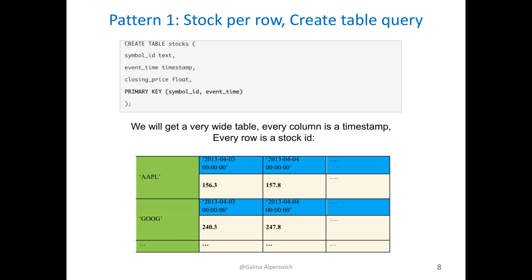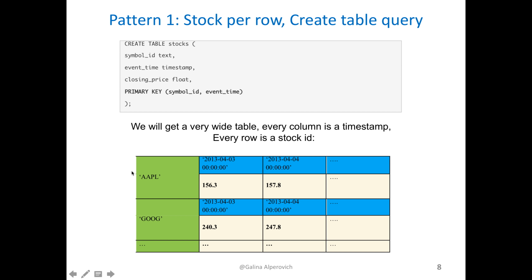For example, we want to create such a table. We will create a table stocks with three columns: symbol ID, event time, and closing price. We will set this primary key, symbol ID and event time. I will explain a little bit later what it means. After this query, we will get this kind of table. For every row, we will have one specific symbol.